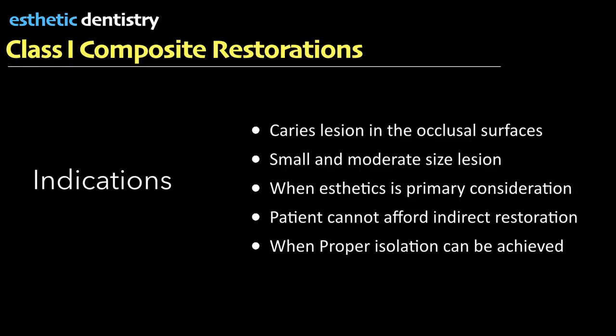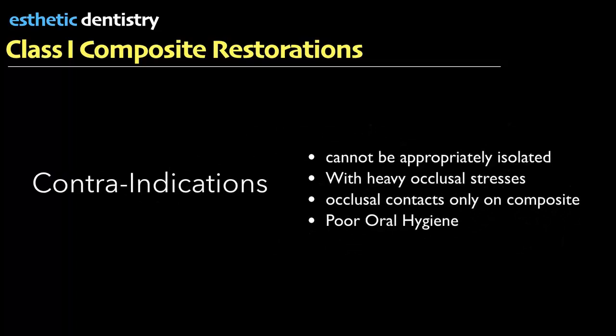A restoration that can be appropriately isolated during the procedure. Some restorations that may serve as foundations for crowns or core buildup. Some very large restorations that are used to strengthen the remaining or weakened tooth structure in situations where there is some economic concern with the patient.